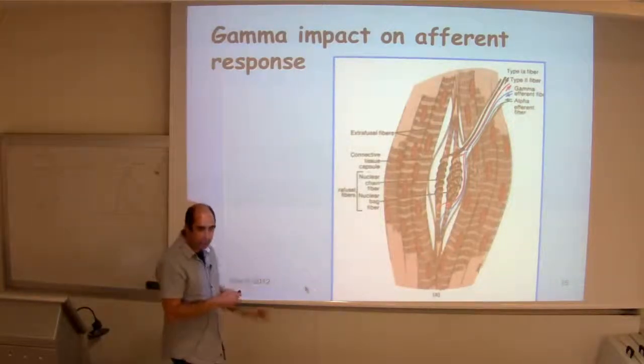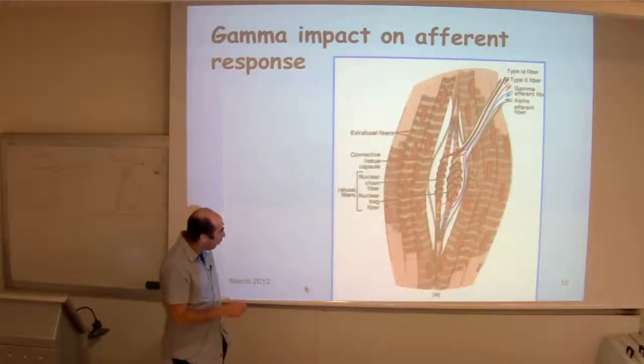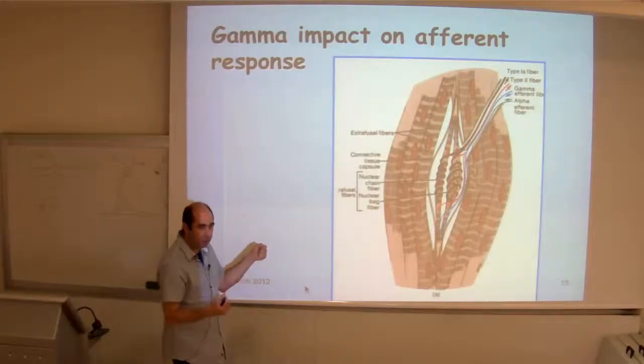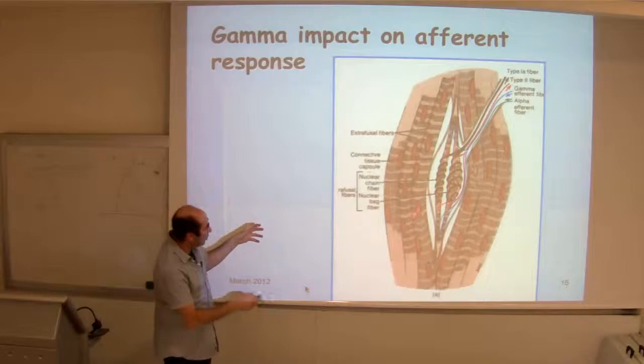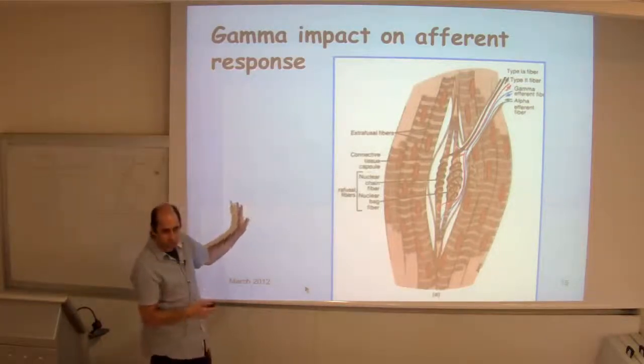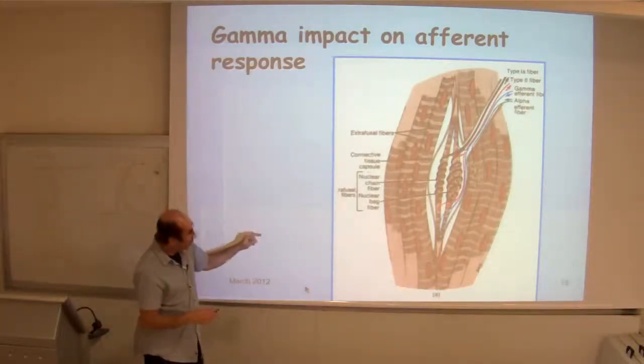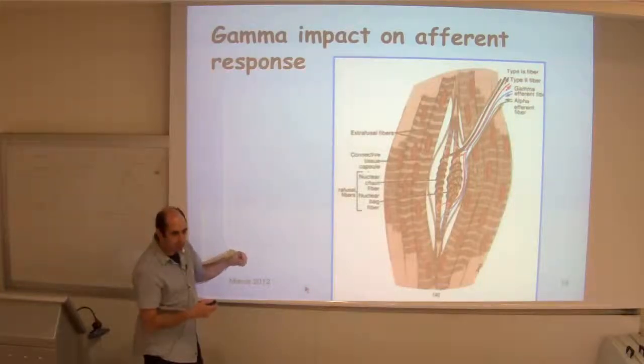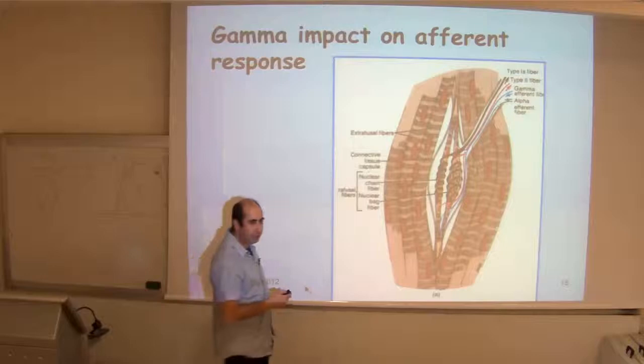You only activate the gamma motor neurons. Then this will stretch only these fibers in the spindle, right? There are not that many of them, so they wouldn't stretch the muscle. The muscle itself, with all its fibers, will stay just the same, but these fibers inside the muscle will be stretched. Why do they stretch and not contract?